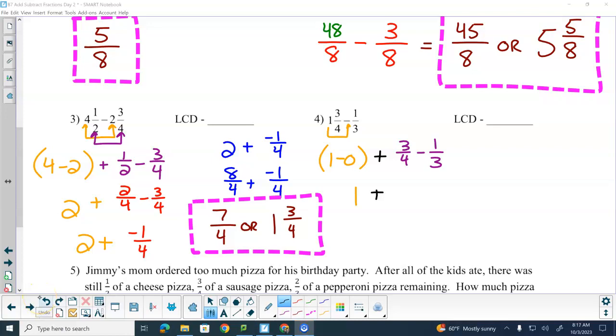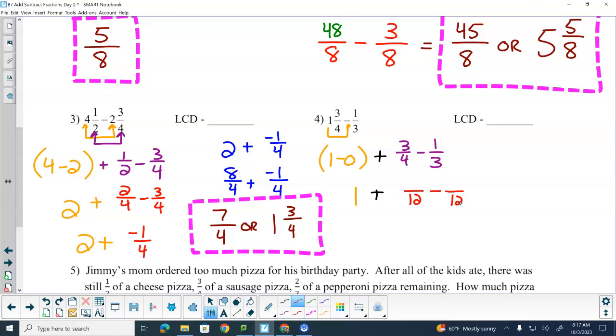All right, walk me through it. What's my common denominator for 3/4 minus 1/3? 12. So it's over 12. 4 times what gets me 12? 3.